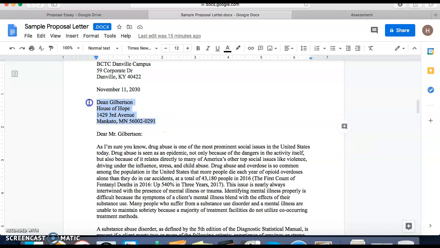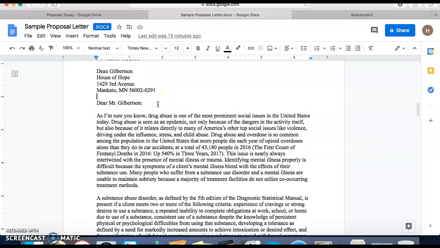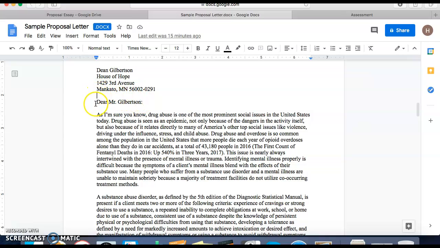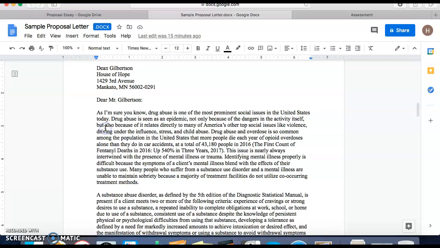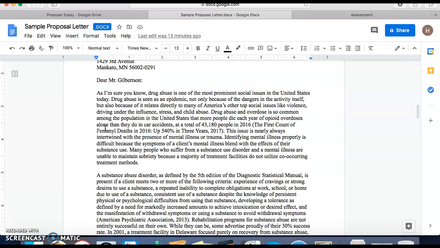You see here, she has found a director of a specific treatment facility and she will be addressing her letter to that person. And then we have another space, and we have dear, and then whatever the name of that person is, we know it's a Mr. Gilbertson, so we say dear Mr. Gilbertson, and we have a colon here, enter, and now we start the actual essay.